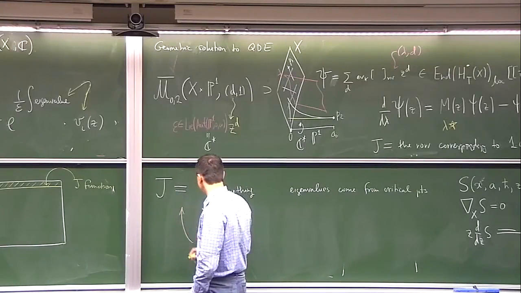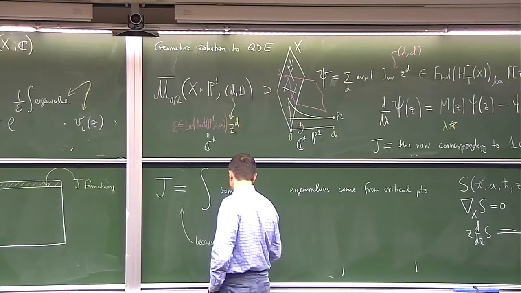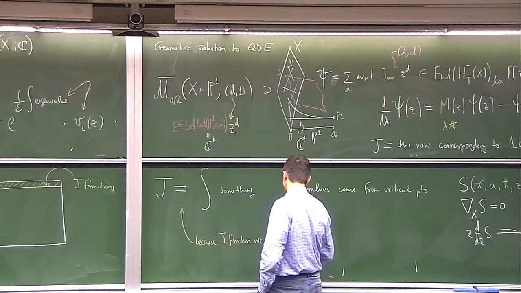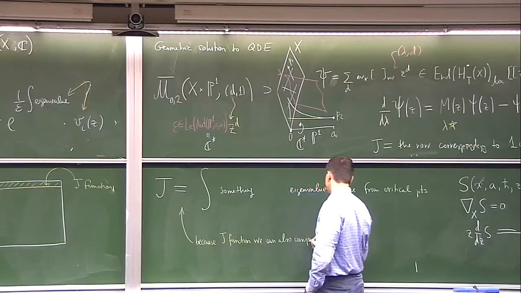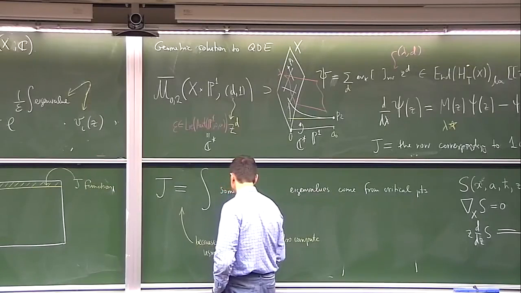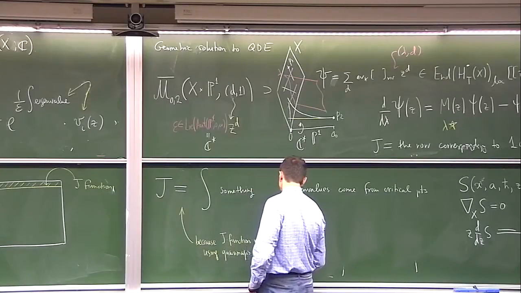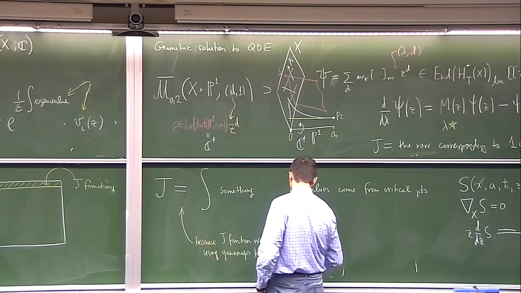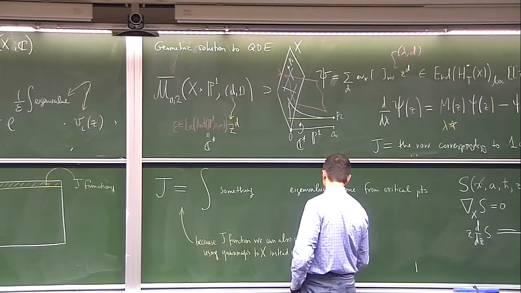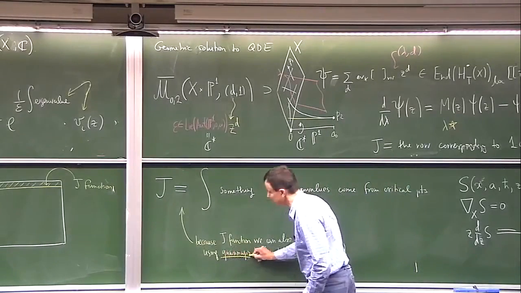But the one I want to use is because the J function we can also compute using quasi-maps for x instead of the space of stable maps to x bar. Quasi-maps is a different moduli problem. I will explain in a second.